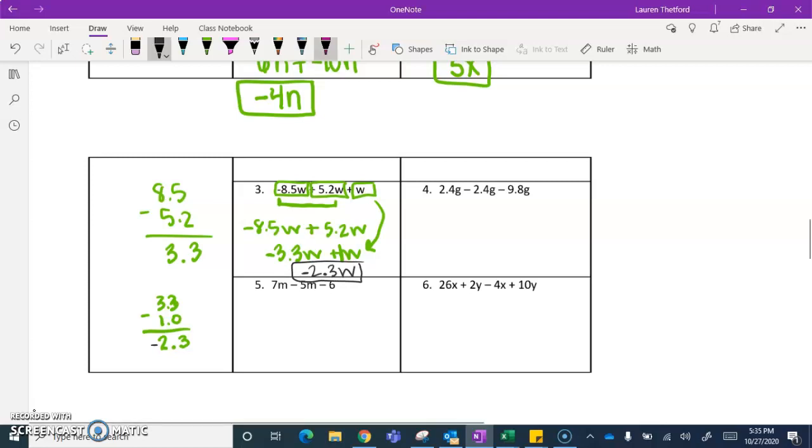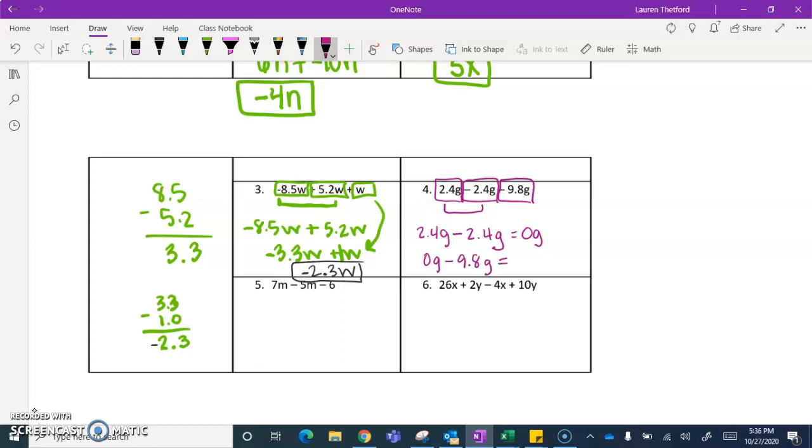Let's do the next one. We have to box in all the terms with a G. In this case, they all have a G, so they're all like terms. First I'm going to look at these two terms: 2.4G minus 2.4G. 2.4 minus 2.4 gives me 0G. Then I'll rewrite that: we have 0G minus 9.8G.